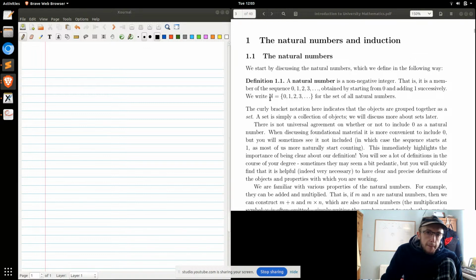We write blackboard bold N equals {0, 1, 2, 3, ...} for the set of all natural numbers.